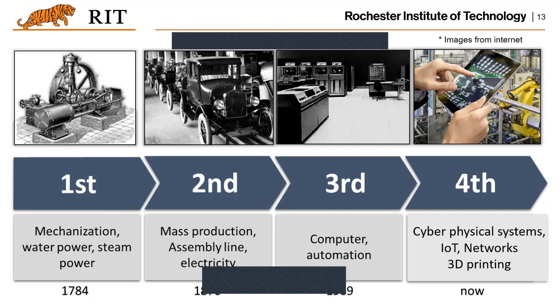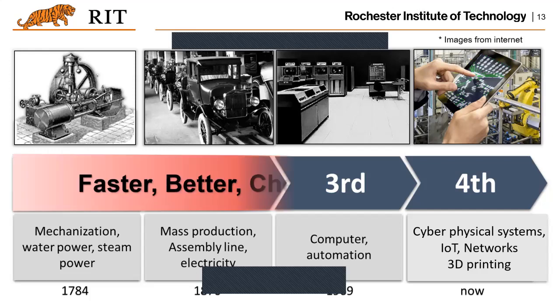So what are the differences between the first 3 industrial revolutions versus the current one? Basically, I would like to summarize the first 3 from the perspective of how you could make products faster, better, and cheaper, right?